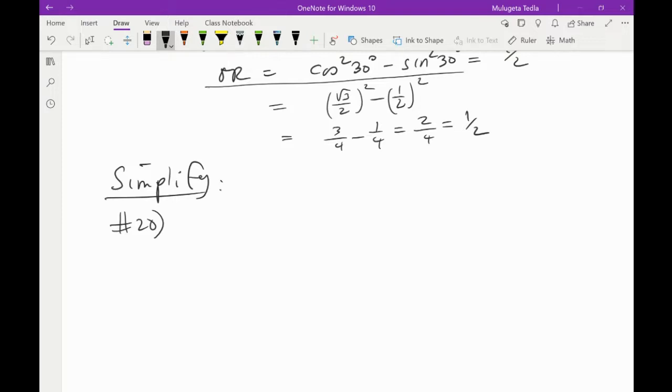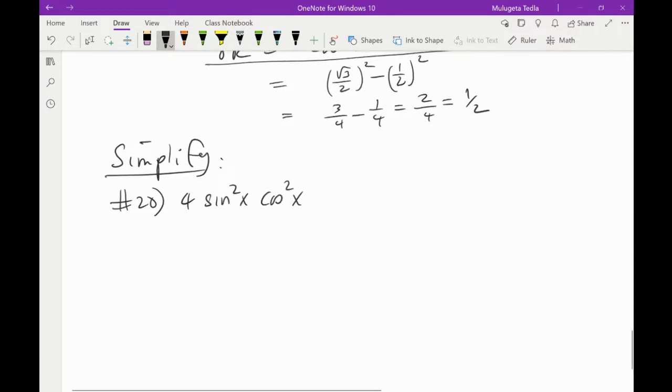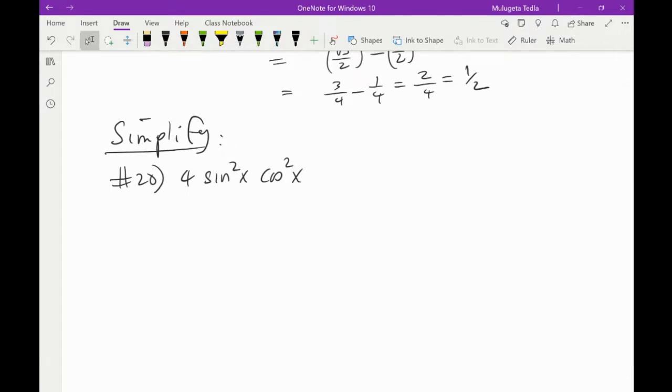Can you simplify 4 sine squared x cos squared x? Yes, I can, right? Because I realize that I can write 2 sine x cos x as a base and then change it as a square. Because 2 squared is 4, sine squared is sine squared, cos squared. So I could have changed this as 2 sine x cos x, the whole squared, because I want to use 2 sine alpha cos alpha.